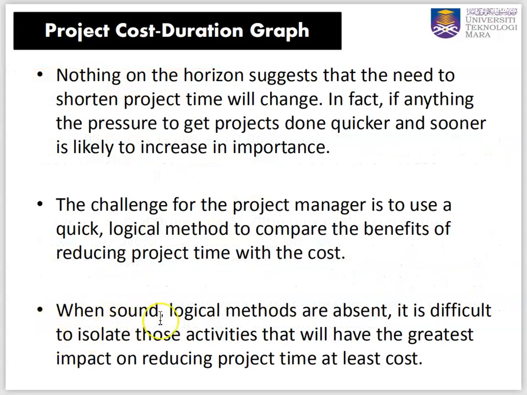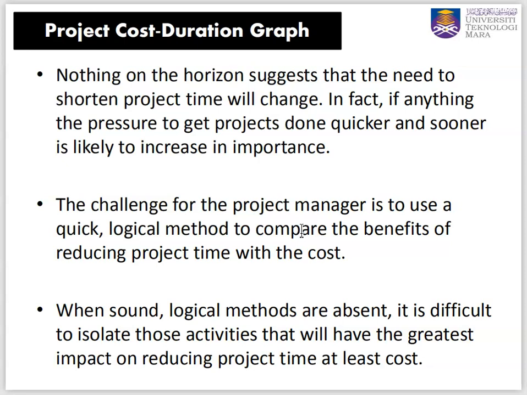So let us look at the project cost duration graph. Why do we look at it? This shows the trade-off between the duration to finish the project and the cost incurred in the project.